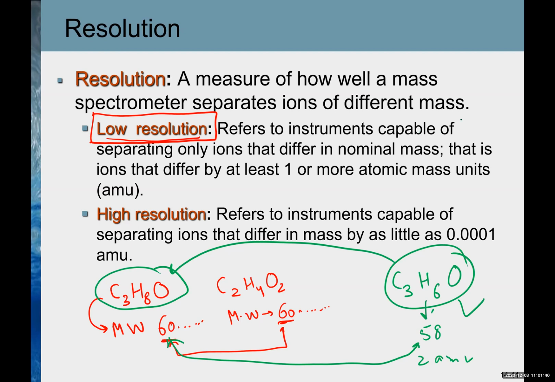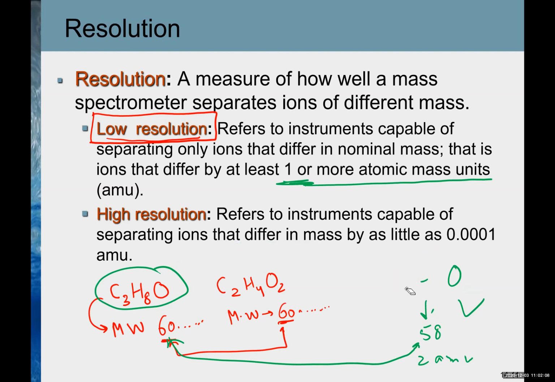These two will give different signal for molecular ion in low resolution, but the both red ones will give the same signal. So the point is that low resolution instrument can only differ the ion signals which are at least one or more AMU separated from each other. Okay.